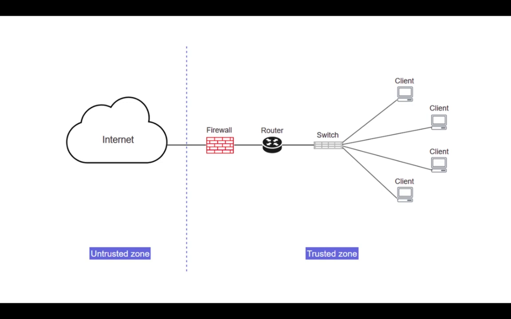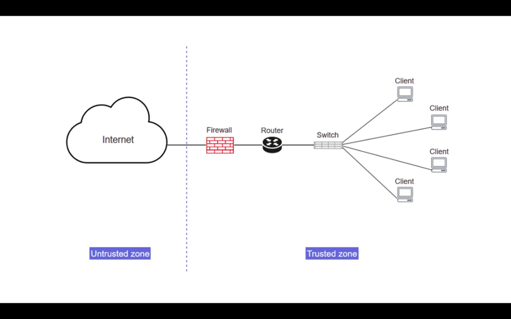A stateful inspection firewall is one that also checks the source and destination addresses, ports, and protocols of the packet, but also keeps track of the state and context of the connections.